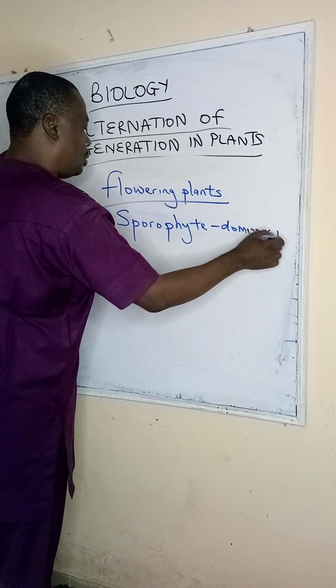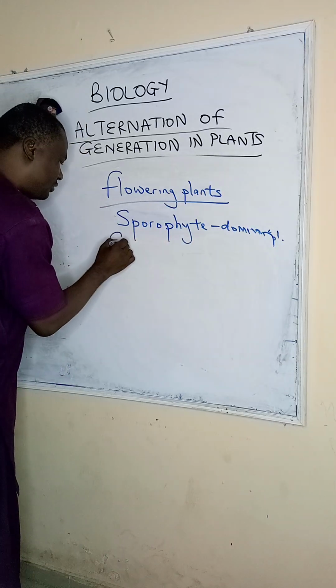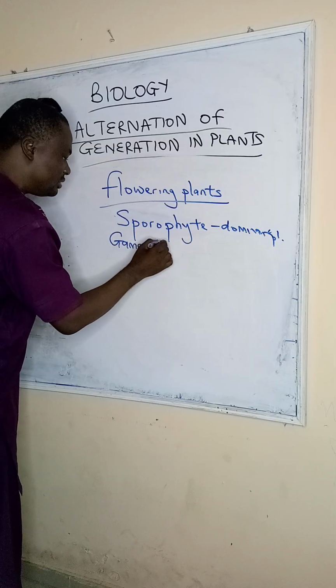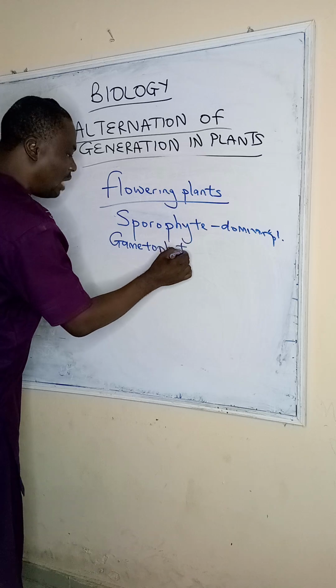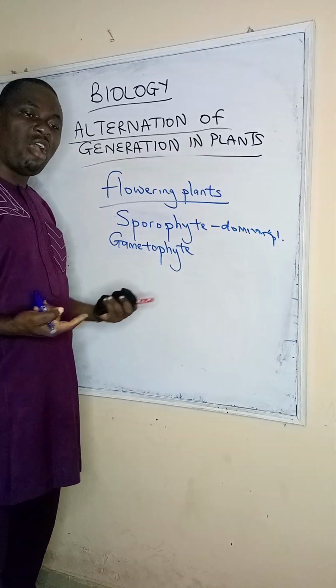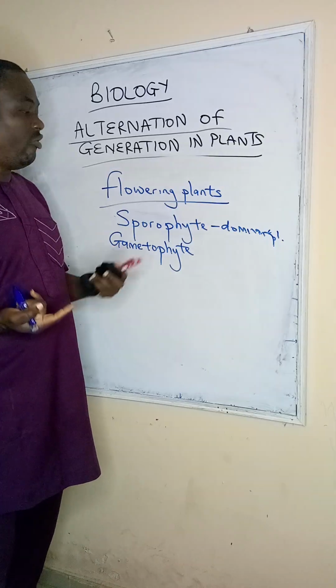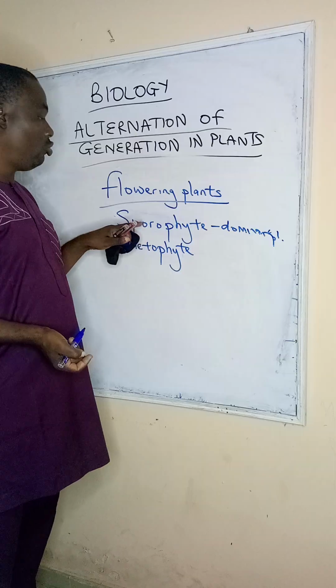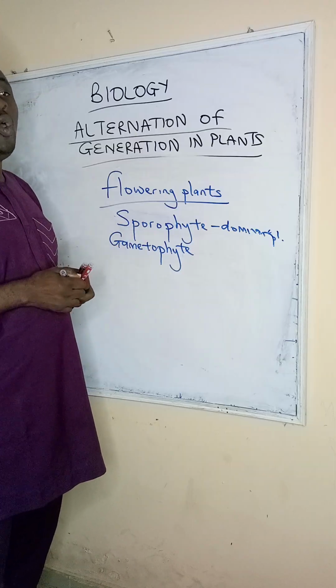The gametophyte is attached to the sporophyte and dependent on it. Unlike ferns, where the gametophyte and sporophyte live independent lives, in flowering plants the gametophyte can't live independently. It's attached to the sporophyte and dependent on it.